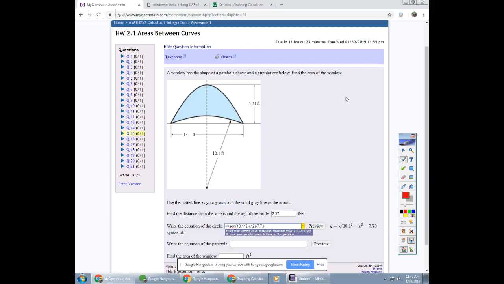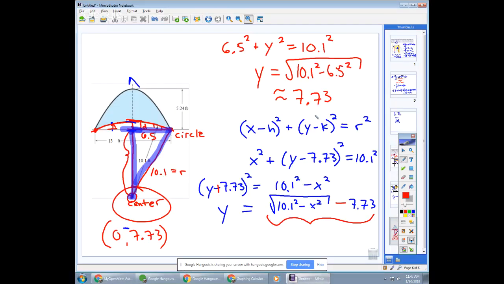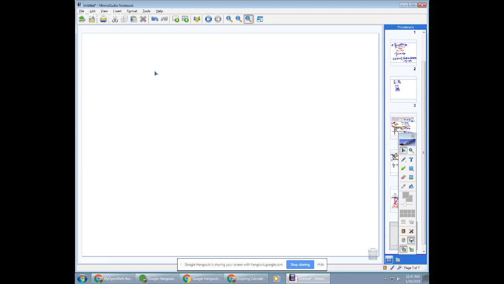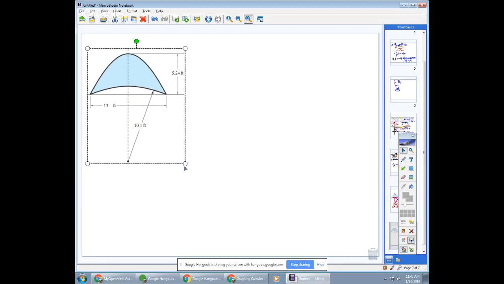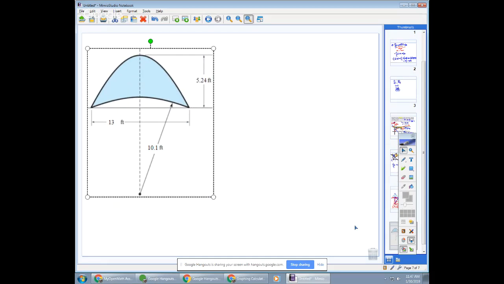All right, equation for the parabola. Do that one next. This is scribbled on too much, so let's bring it to a new page. What do we know about this parabola? We know the vertex.